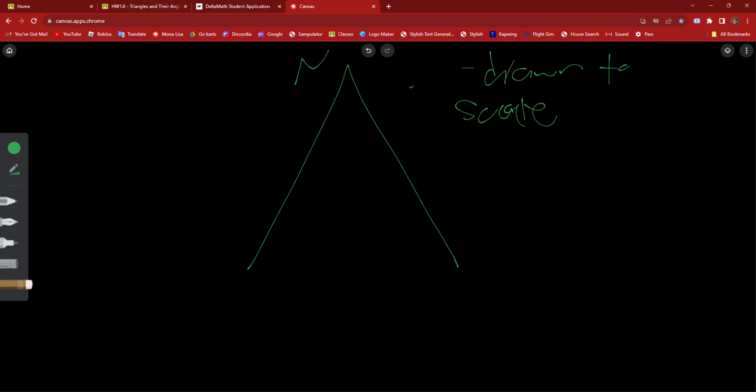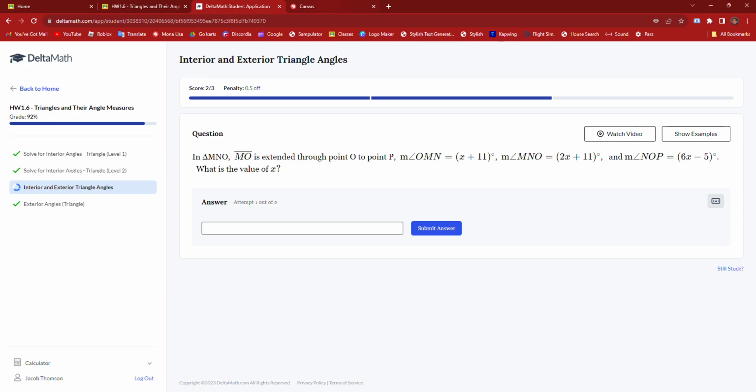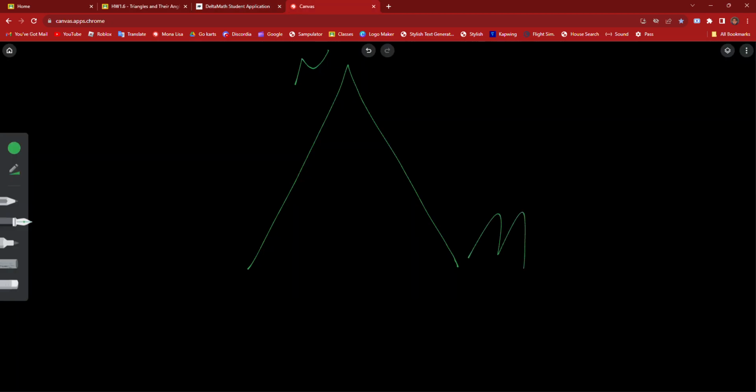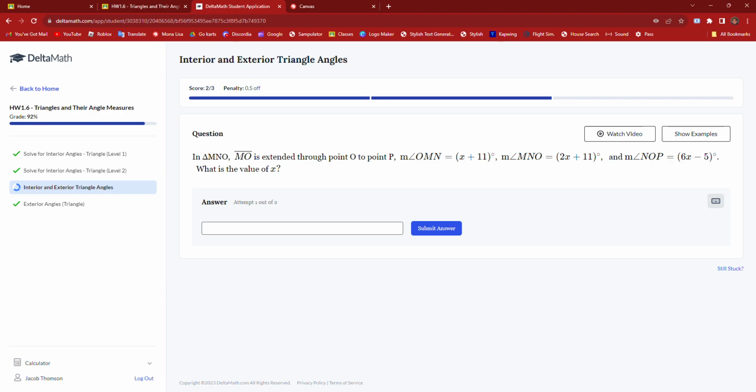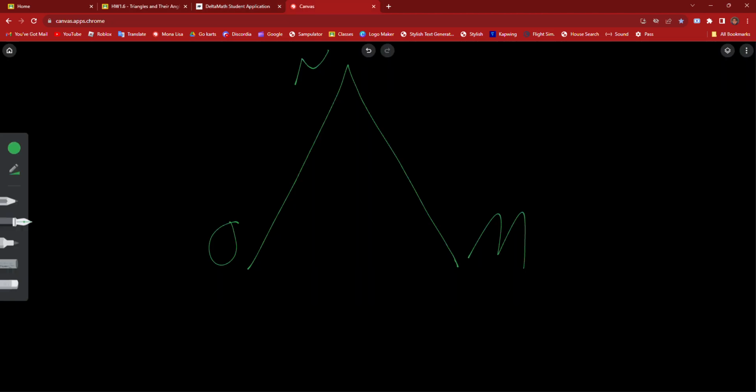So that's N, okay? That's always going to be there. Now, the next step I like to do is, you see M. For M, you're going to put that right here, and O right here. I have no idea why, but it's just what I find most helpful. Whatever the first letter is, I usually always put on the right. And you will see how I will be right later.